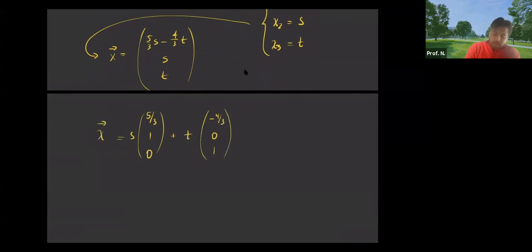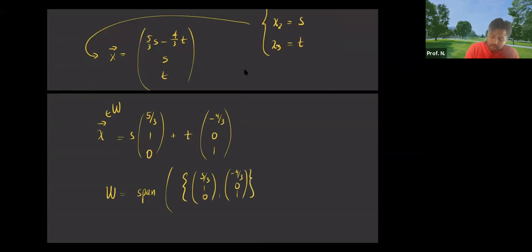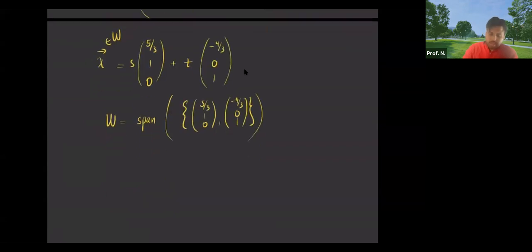This comes from W, which is the null space of A. W can now be written as the span of the vectors 5/3, 1, 0 and negative 4/3, 0, 1. The dimension of the null space is 2. These are linearly independent vectors. So this is indeed the basis.